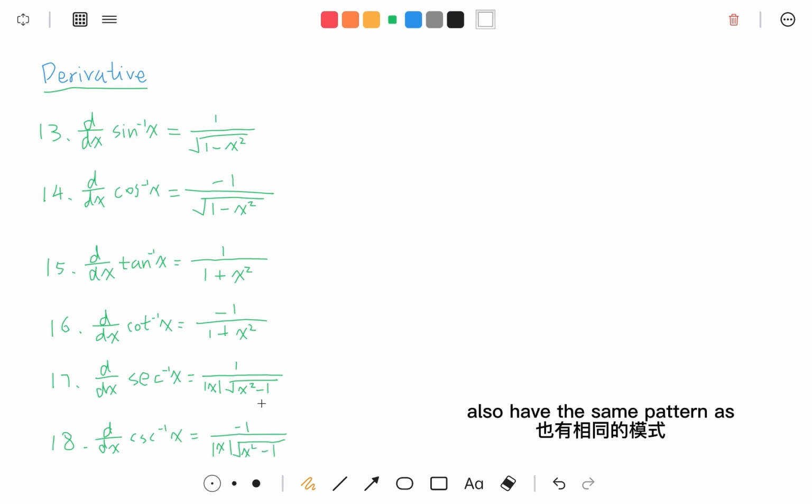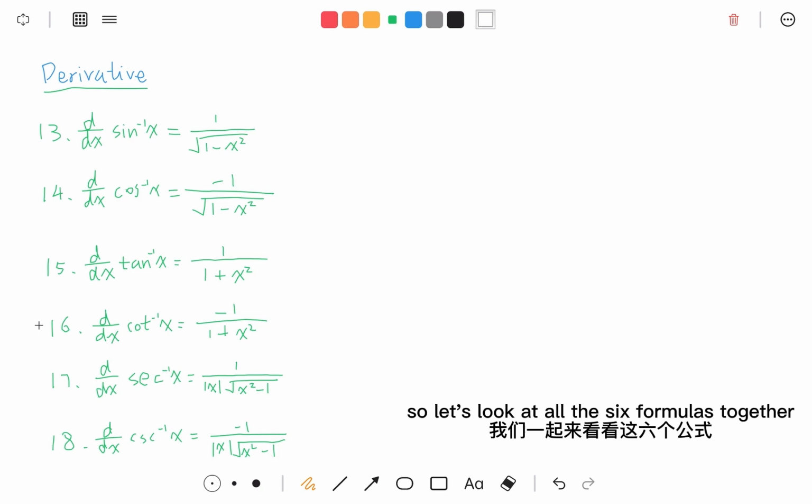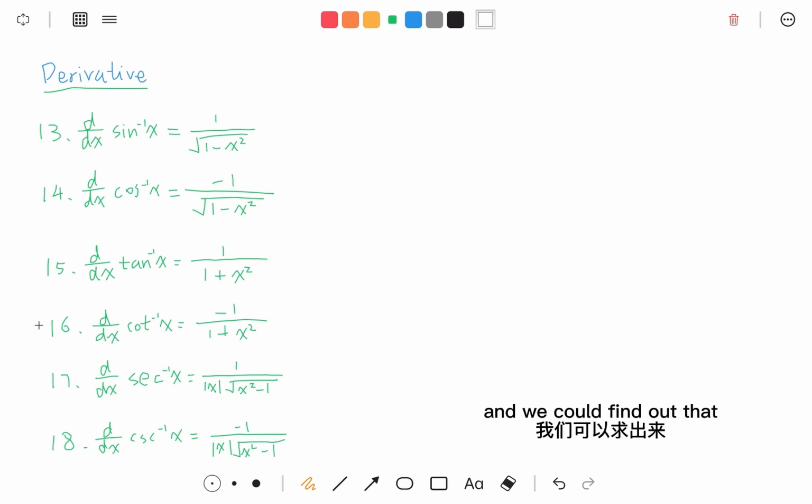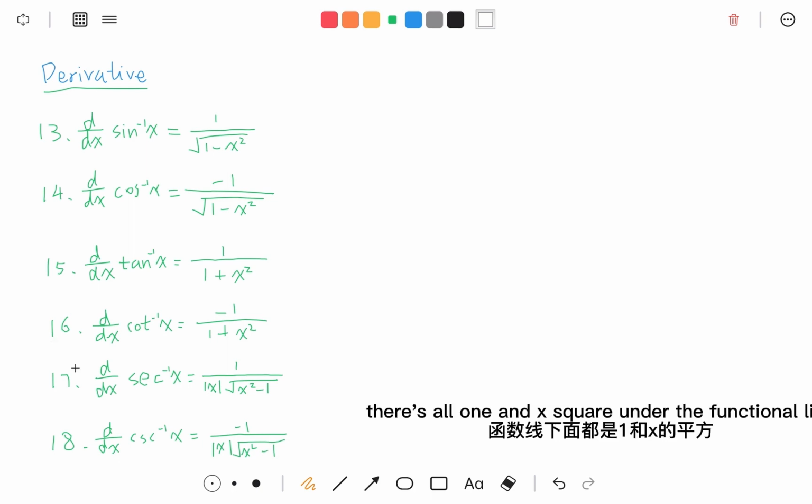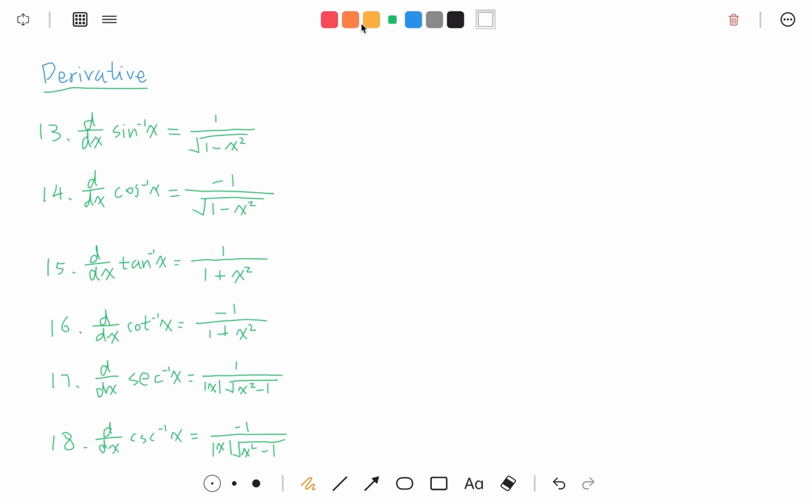And these two also have the same pattern as the two groups before. So let's look at all the 6 formulas together, and we could find out that there's an easy way for us to remember. There's always 1 and x squared under the radical line, but their order is different. It contains all the possibilities of adding and subtracting.